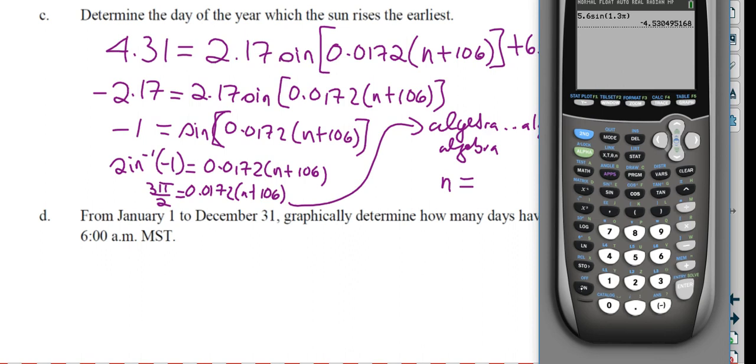So, okay, here's what you could do. If you did do sine inverse of negative 1, right, and then you say, oh, I should try and be positive, so plus 2 pi. Okay, so there.